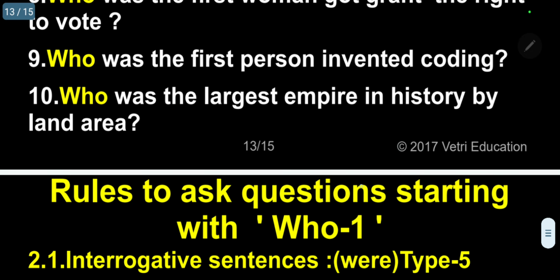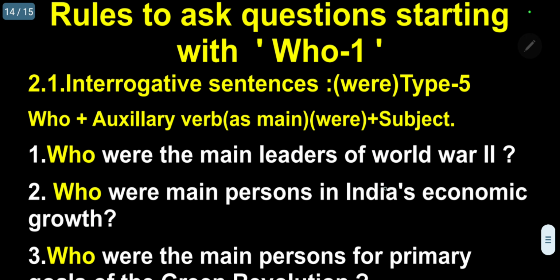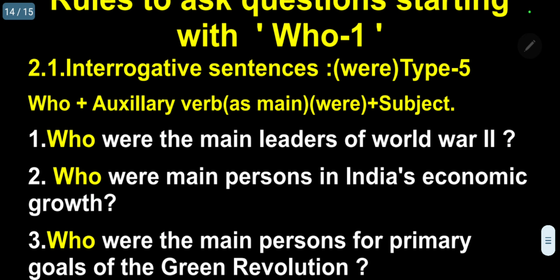So let me go for the next one, were. Were is normally used for the plural in the past tense. Who plus auxiliary verb, that is verb plus subject, we will use. Number one, who were the main leaders of World War II? Who were main persons in Indian economic growth?